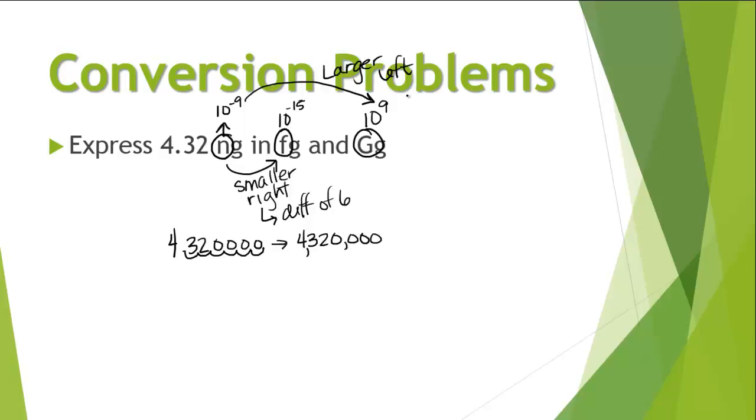This difference is 18, so I am going to be moving it quite a few places. I'm going to start way over here to make sure that I have some room. And I'm going to go 1, 2, 3, 4, 5, 6, 7, 8, 9, 10, 11, 12, 13, 14, 15, 16, 17, 18.